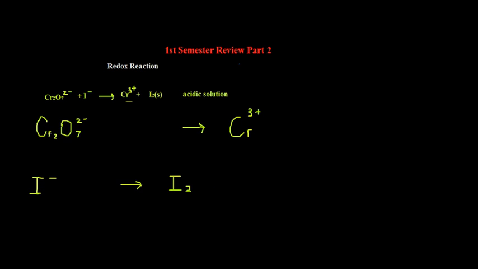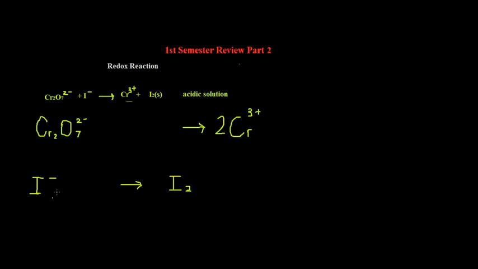You balance out everything except for the oxygen and the hydrogens, which come later. So you know that there's two chromiums on the left side and only one on the right, so you could just write a coefficient of 2 here, right?